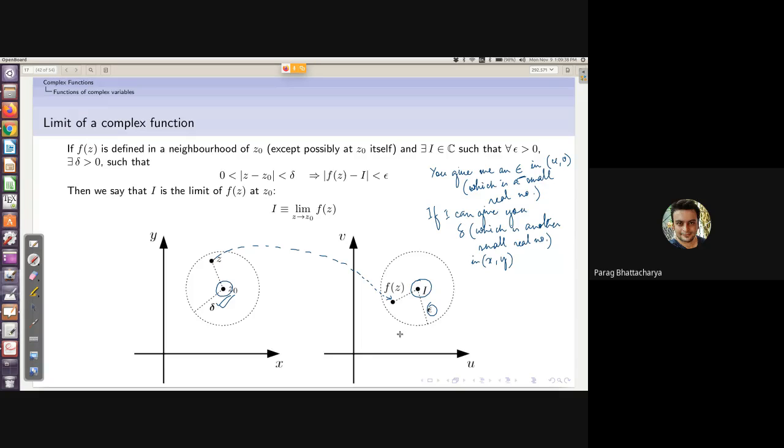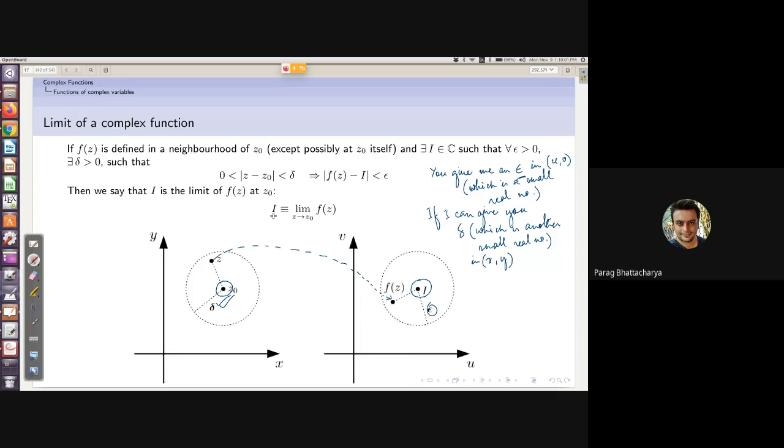So this is my circle, this is your circle, you have given me an epsilon. I can always find a delta which is so small that all the points which lie inside this circle will necessarily lie inside the circle that you have defined. If that is true, then the center of your circle becomes the limit of the function at the center of my circle. Does that make sense now?